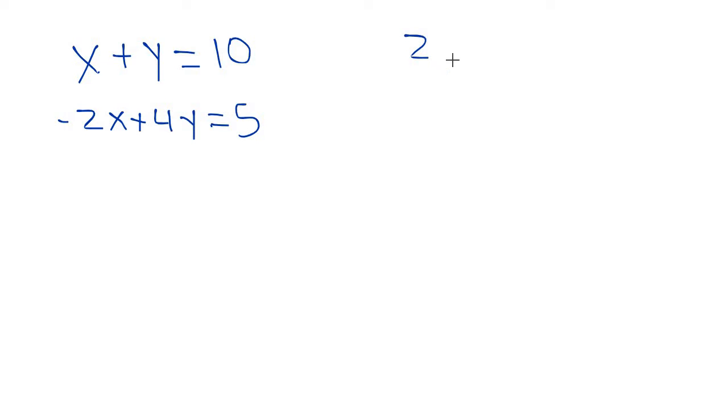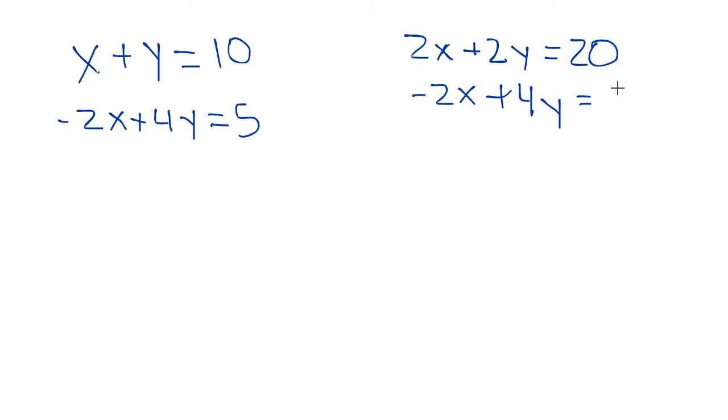So this equation becomes 2x plus 2y equals 20. Meanwhile, this equation stays the same because we're trying to cancel the x's. And we can then add these together.